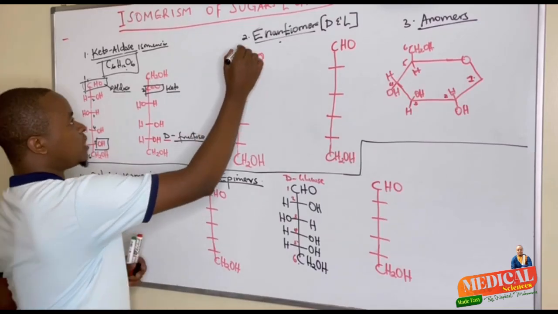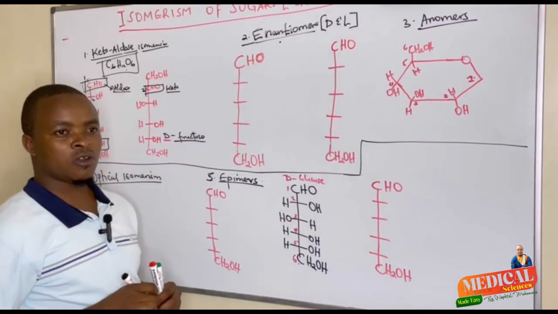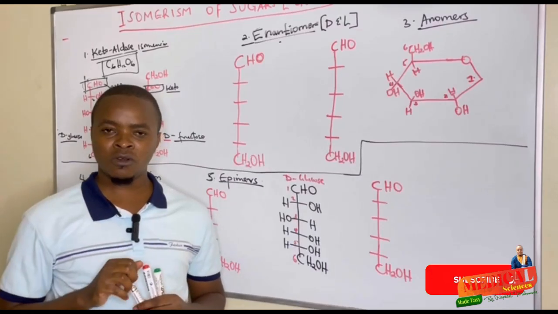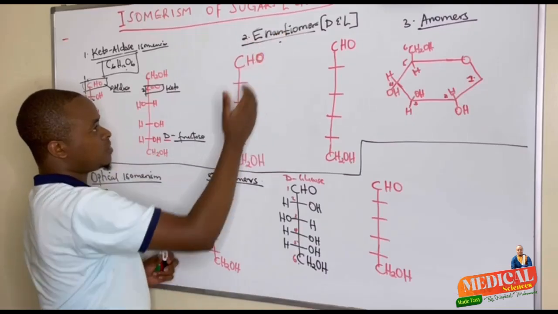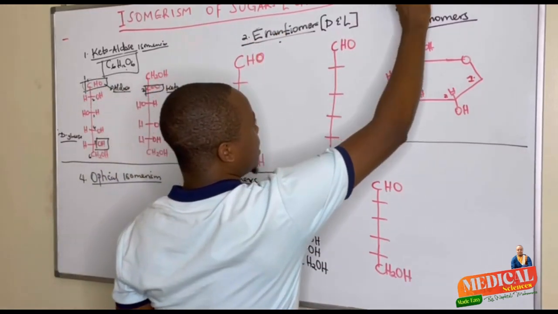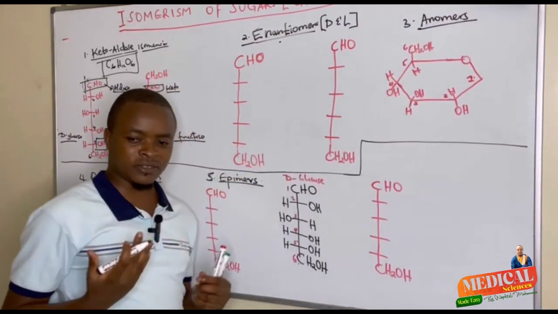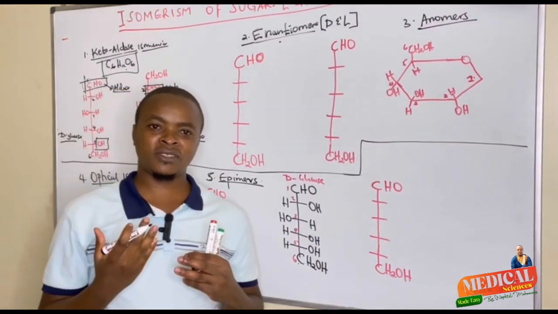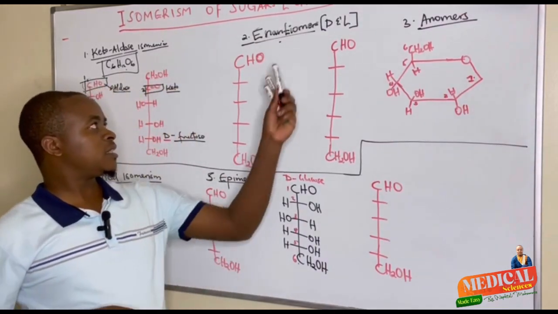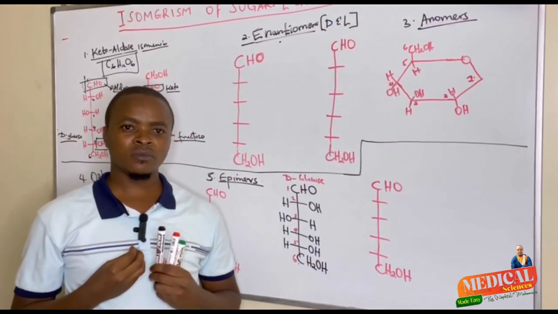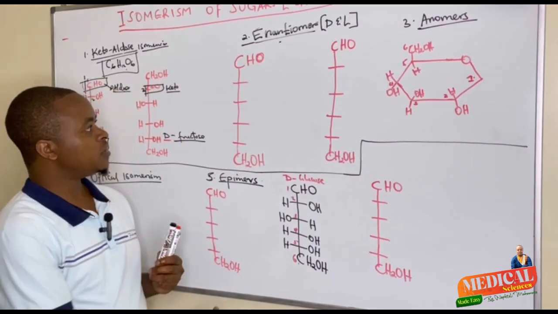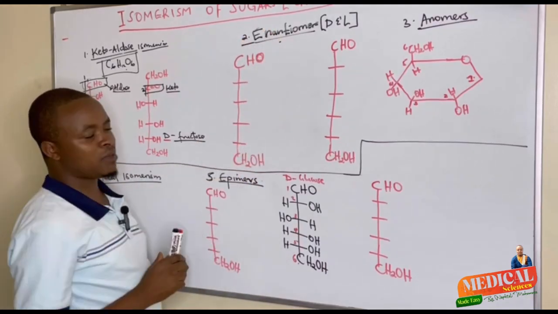Number 2, we are going to look at enantiomers, which we call D and L isomerism. What are enantiomers? Enantiomers are a type of stereoisomerism, whereby two different compounds are mirror images.